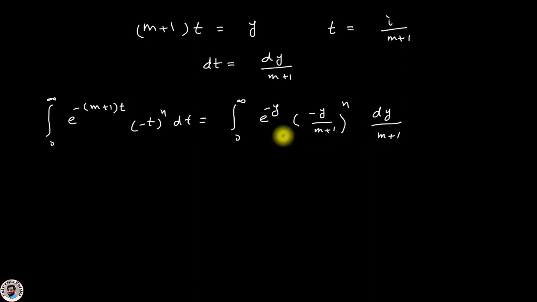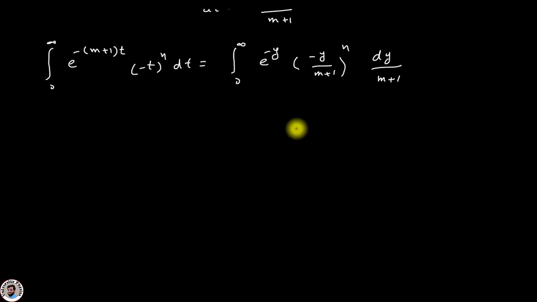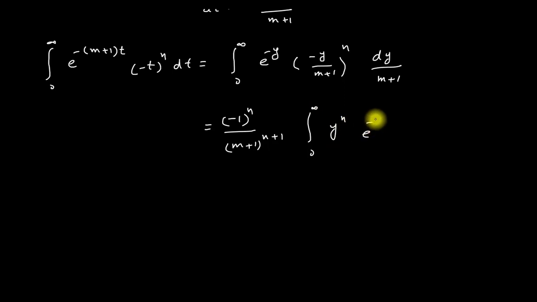Now, this right hand side can be written as (minus 1) to the power n divided by (m+1) to the power n+1 times the integral from 0 to infinity of y to the power n e to the power minus y dy.